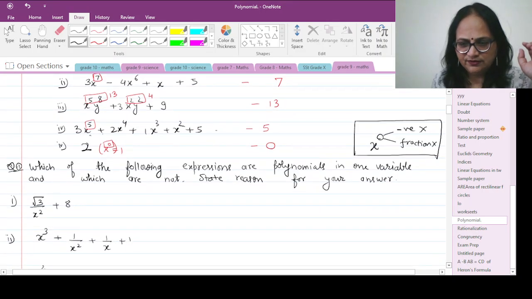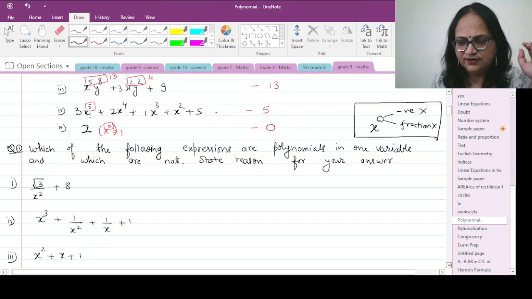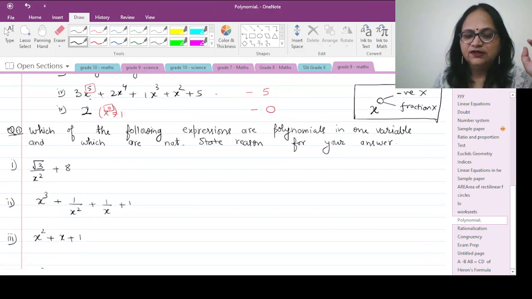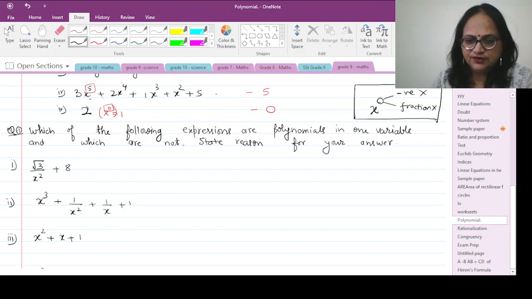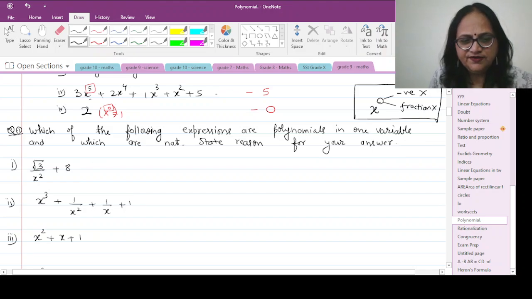So let's see the next question, which is based on the concept that a given expression is a polynomial or not. First question, root 3 upon x square plus 8. So I can write it as root 3 x to the power minus 2 plus 8.